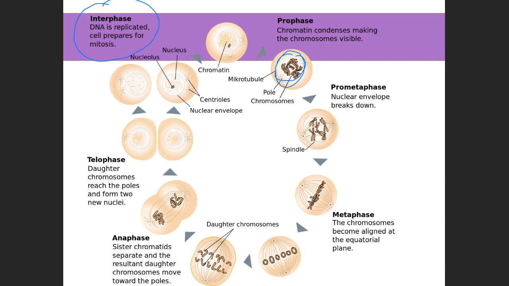So you go from these little squiggles that you can barely see to thick pieces of DNA in prophase. And this nucleus is breaking down, and you can start to see these little spidery web things here. That's the spindle that's going to pull DNA to one side and the other side. It forms on each side of this cell.